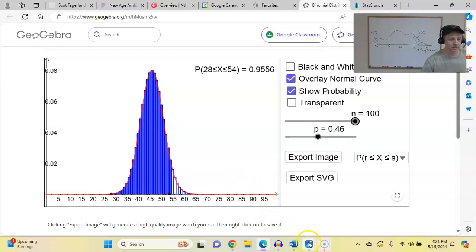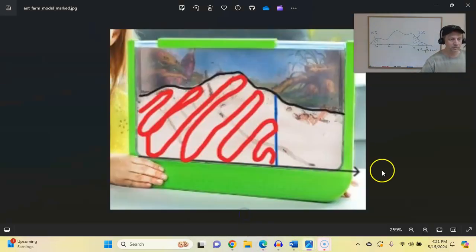Another important visualization is one we looked at a week or two ago, which is the pile of sand model. So when we're looking at continuous curves, we're always going to be drawing them with some kind of smooth curve on the top. And we should always remember that smooth curve is not just floating up in the air. It really is just the top of a pile of many, many fine grains of sand.